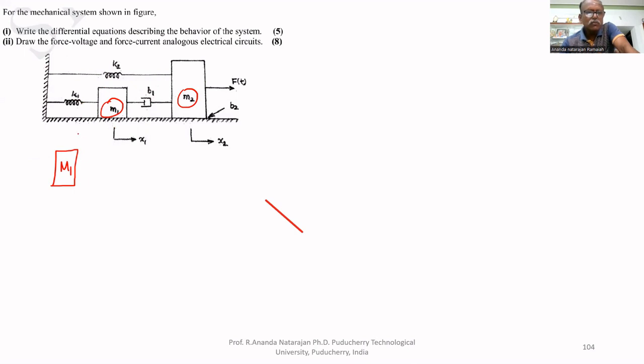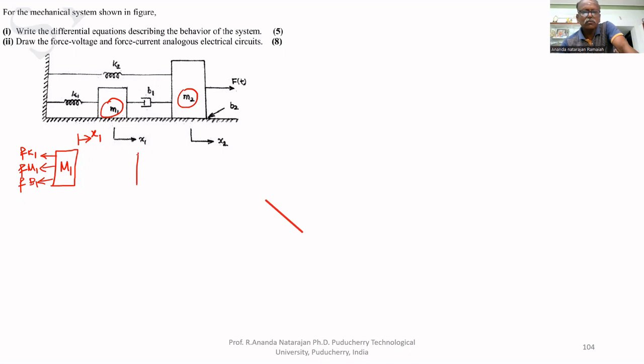The displacement X1 is towards the right, therefore the reaction forces will act towards the left. The reaction forces are because of K1, M1, and B1. These are the three forces acting on it, reaction forces because of the displacement X1.